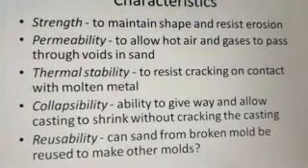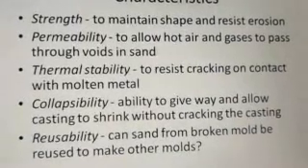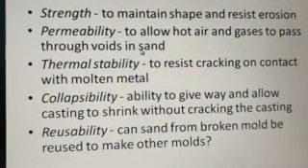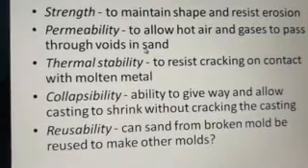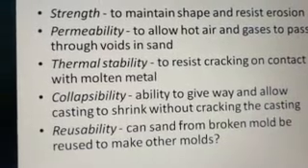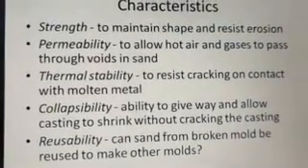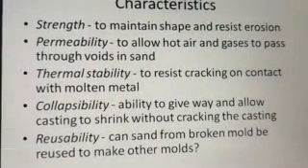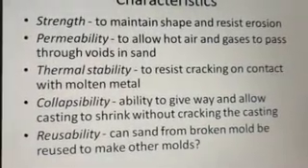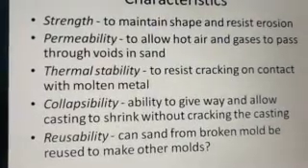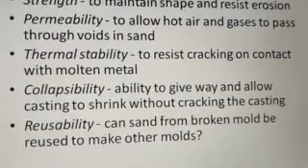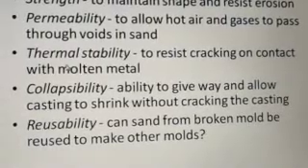Then comes permeability, which allows hot air and gases to pass through voids in the sand. In order to ensure permeability, we give certain vent holes while preparing the mold, and that can avoid the entrapment of air or gases when the metal comes in contact with the sand or rapid cooling happens. Then comes thermal stability, that is to resist cracking on contact with the molten metal.